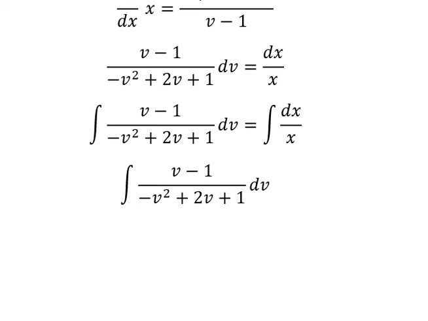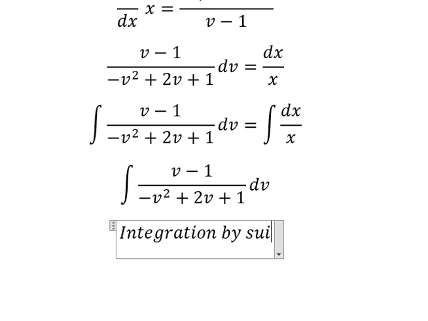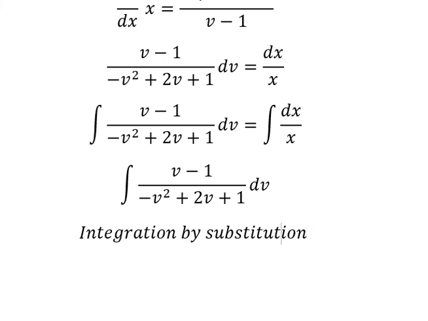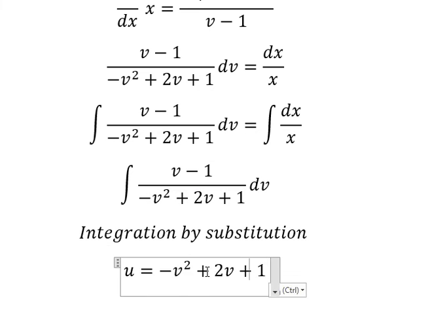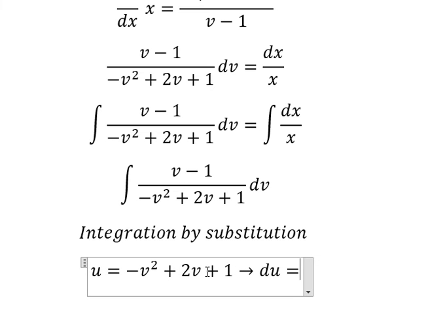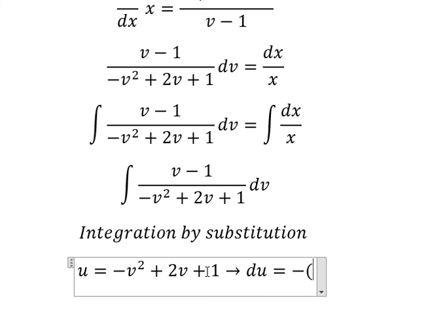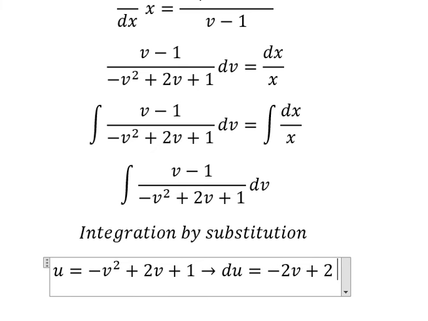So we can use about integration by substitution. So I will put about u equals to this one. Later that we do first the derivative for the both sides and we have negative 2v plus 2.